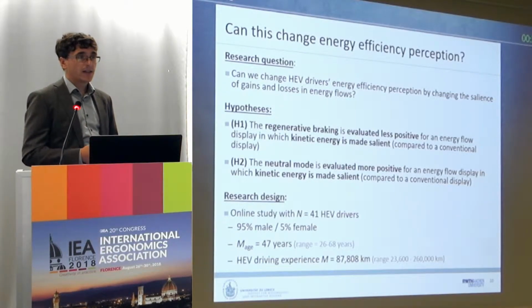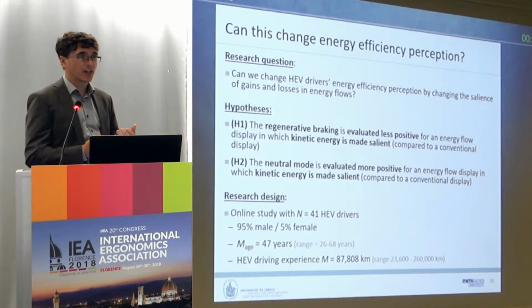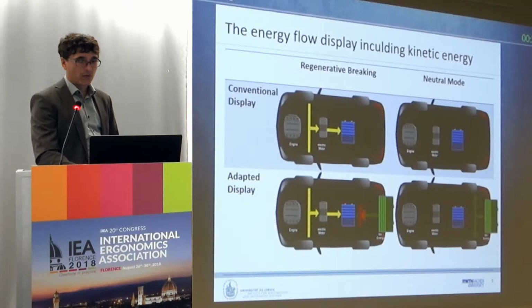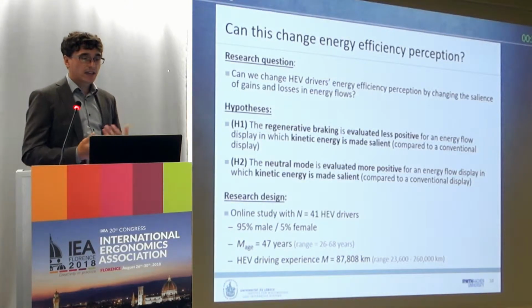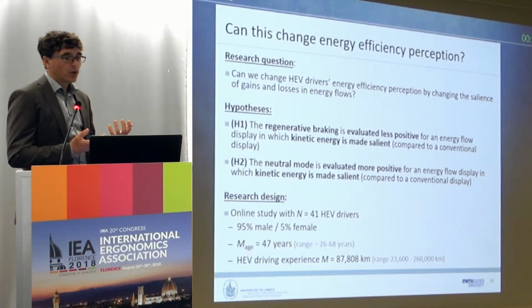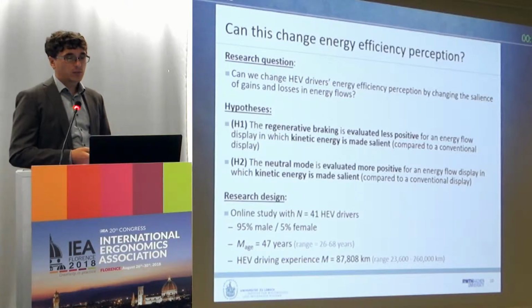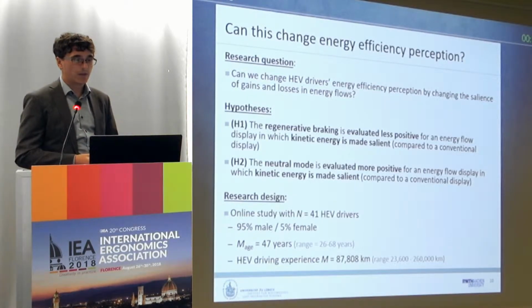First, that regenerative braking should be evaluated less positively for an energy flow display in which kinetic energy is made more salient compared to the conventional display. So conventional display above, adapted display with the added kinetic energy. And second, the neutral mode should be evaluated more positively for an energy flow display in which kinetic energy is made salient compared to the conventional display.